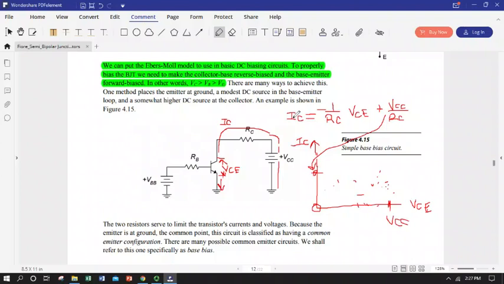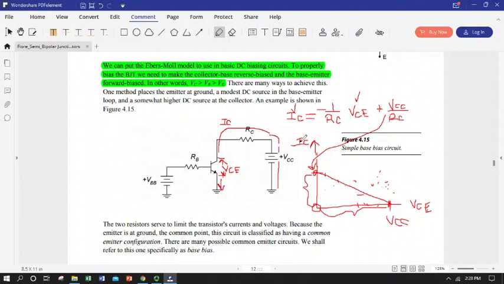So every other point in between, if VCE was somewhere in between 0 and the collector supply, it would plot somewhere along here, and the corresponding I would plot somewhere in this range, and we would get a line. So anywhere the transistor is operating in this particular circuit, we're going to have a collector current and collector emitter voltage drop that sits somewhere on this line.